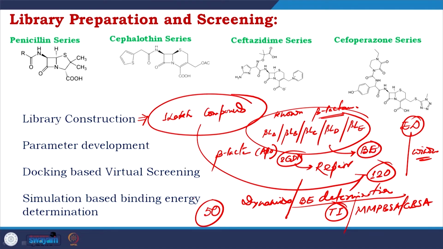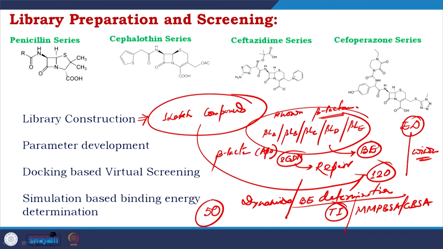So, in summary, we have taken the penicillin series, cephalothin series, ceftazidime series and cefoperazone series. We apply all the 3 rationales to modify them, and then we develop the library, which contains about 1 lakh compounds coming from all the 4 series. Then we develop parameters, then we do docking based virtual screening, where we take the already established compounds. That is the advantage of working with the beta lactam drugs, and we develop the cutoff window and did the screening and we obtained 120 compounds.